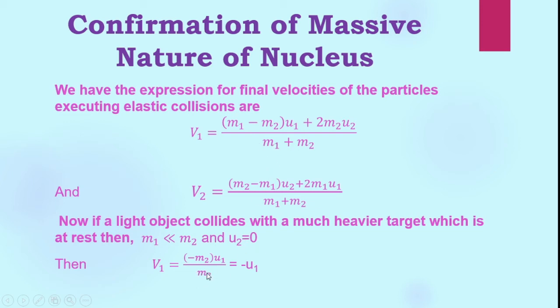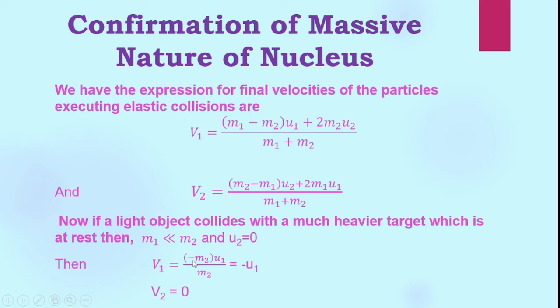So after cancellation, v1 becomes equal to minus u1 and v2 is equal to 0. Since u2 is equal to 0 and m1 is negligible compared to m2, something divided by a very much larger thing can be approximated to 0. So v2 is 0.